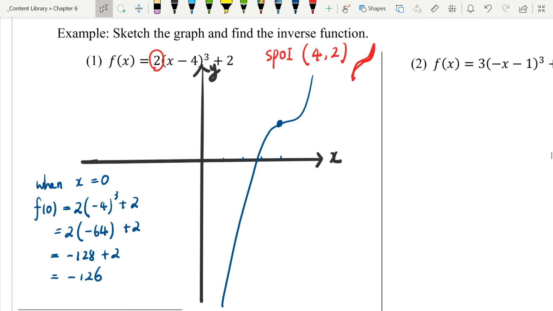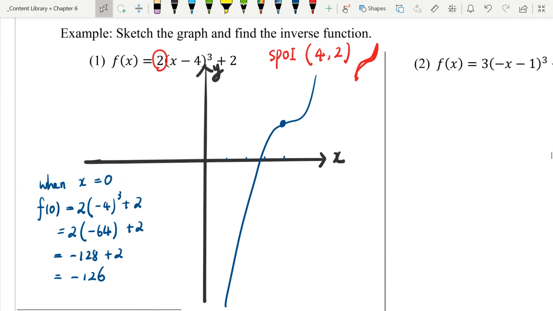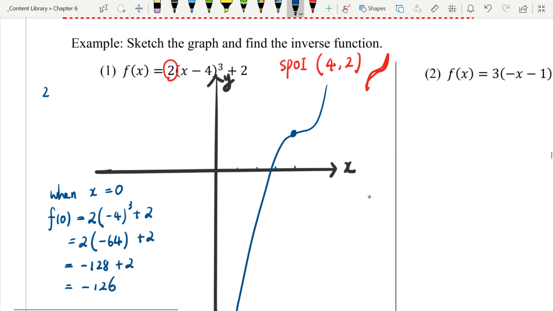But let's have a look at the x-intercept. That was the y-intercept. Now we make the whole equation equal to 0. Do not expand it. If it's already in this form, do not expand it. How do you solve a quadratic? You solve a cubic in the same way.